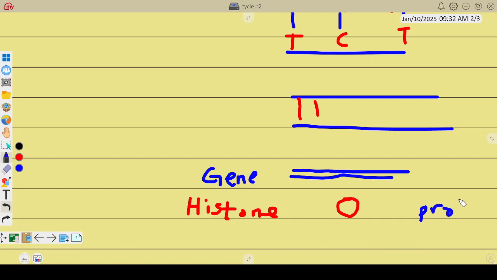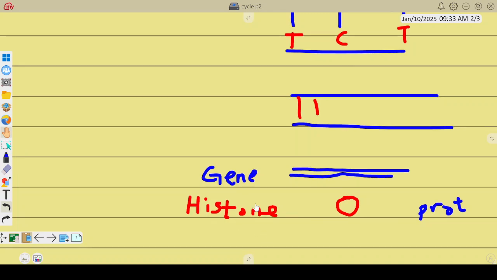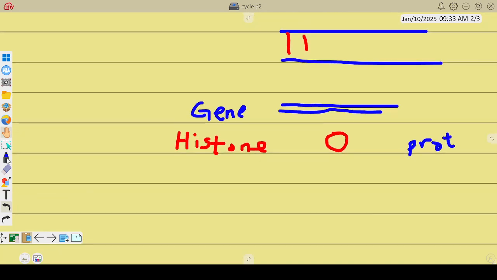The histone is there for stability, to make the chromosome more stable. And the DNA, which is the gene, carries genetic information.